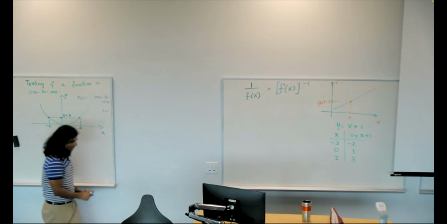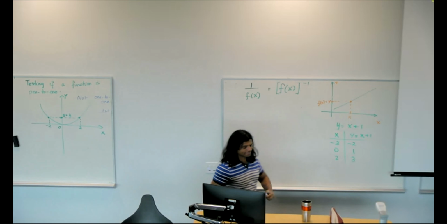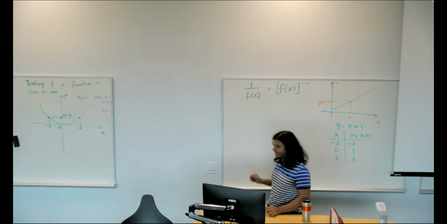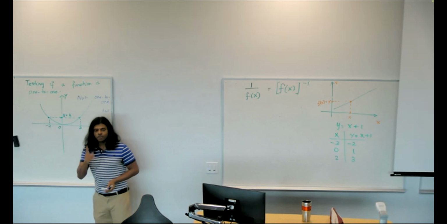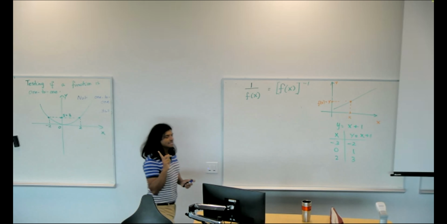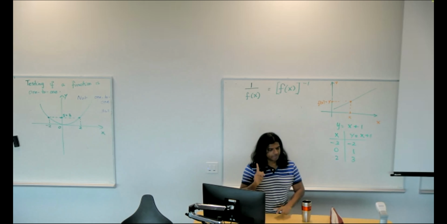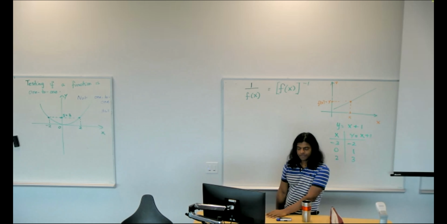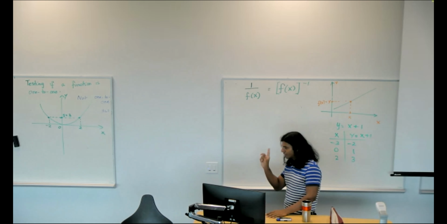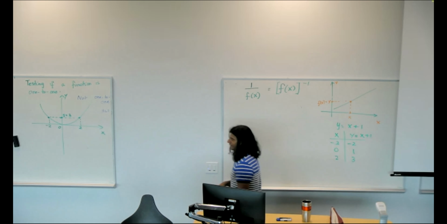That is the horizontal line test. If you draw a line through a curve, and if it touches more than one point, then that function is not a 1-to-1 function. A function that is not one-to-one will not have an inverse.